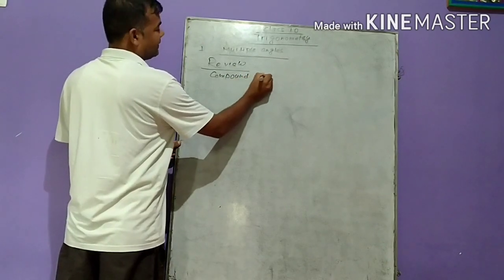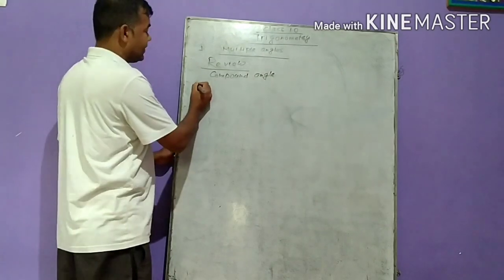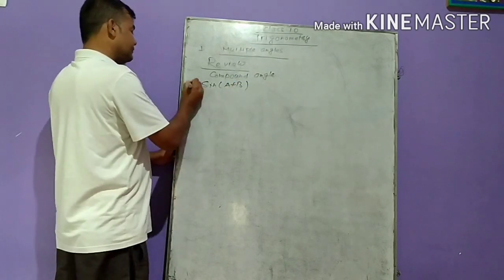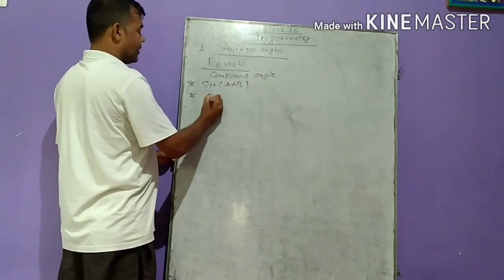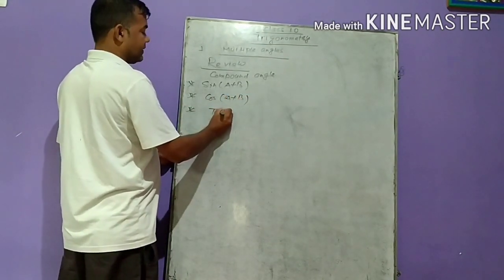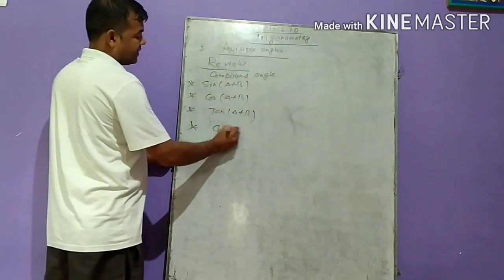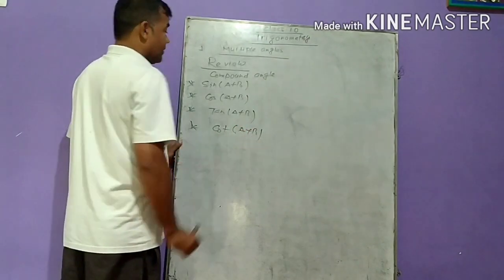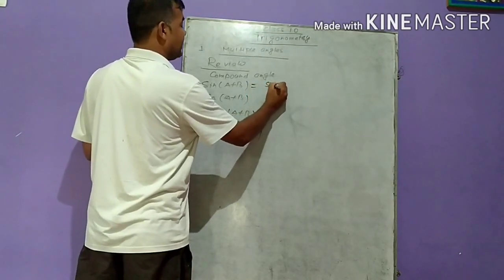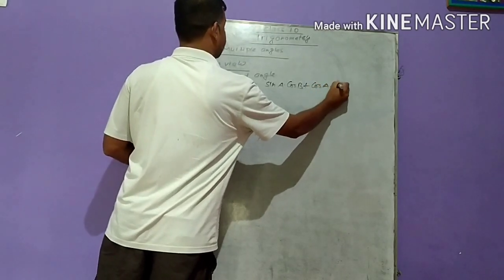In compound angle, we have studied the following trigonometric ratios: sine A plus B, cos A plus B, tan A plus B, cot A plus B. What we have studied is that sine A plus B is always equal to sine A into cos B plus cos A into sine B.